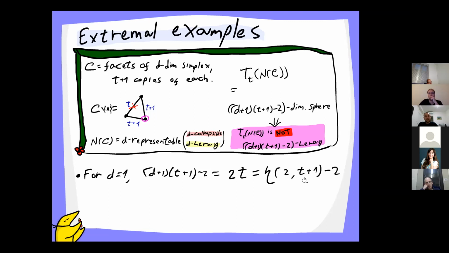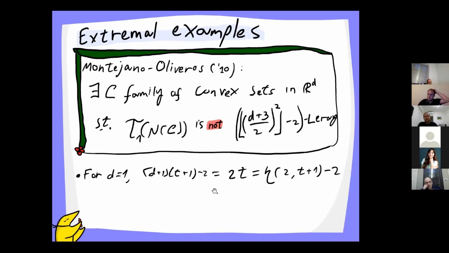Another special case where we have extremal examples is the case t equals 1. This is an example by Montejano and Oliveros. They show that there are families C of convex sets in R^d such that the 1-tolerance complex of their nerve is not ((d+3)/2)² − 2 Leray.